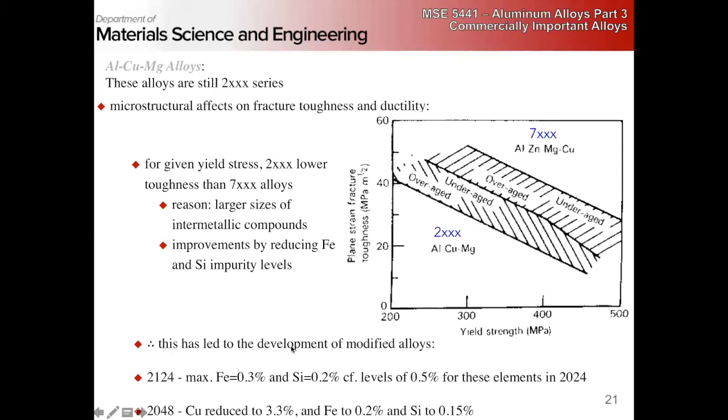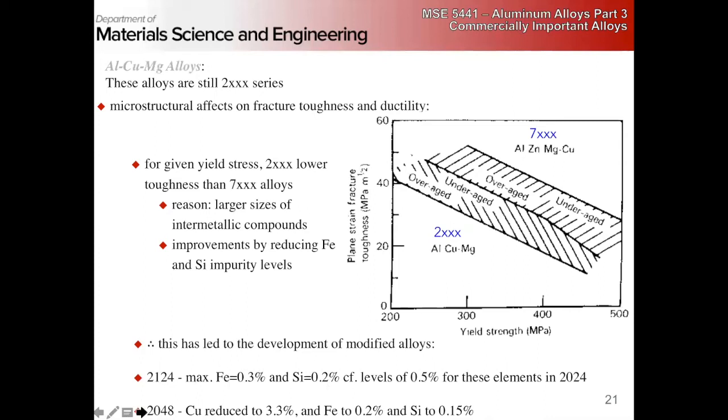And this has led to the development of modified alloys such as 2124, which is 2x24, right, 0 and 1. The second digit tells you whether it's closely related. These have very high limits on the iron and silicon.